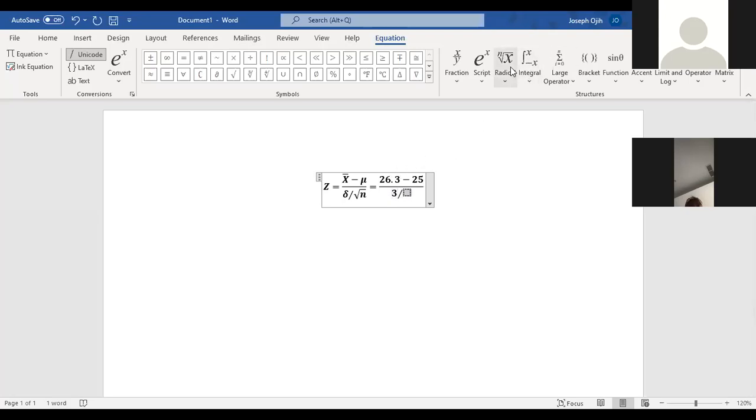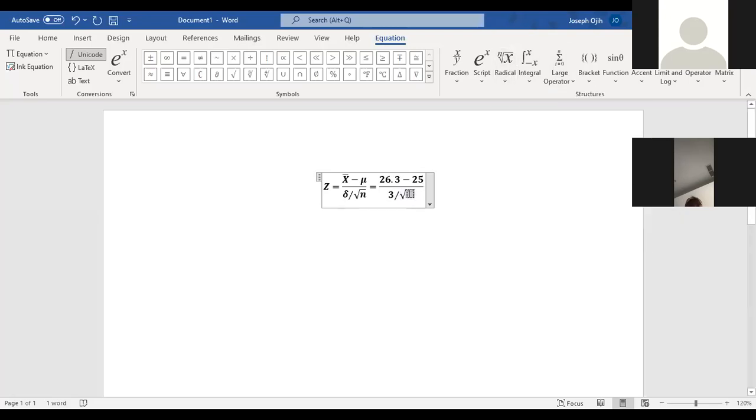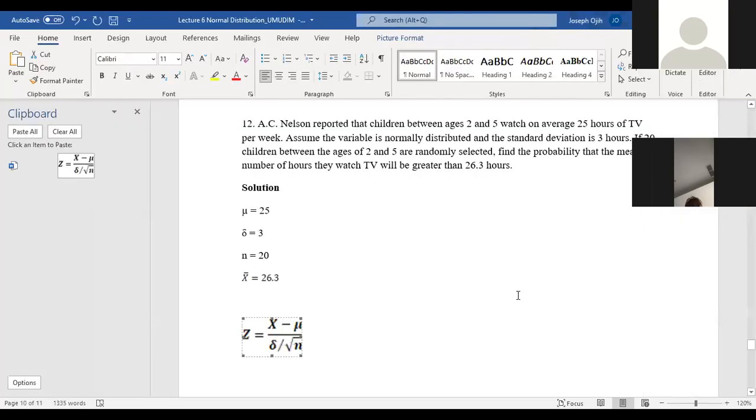The square root of n, where n is 20. So you can put this in a calculator to get our answer, and then we can find the required probability. Okay, n is 20, the sample is 20 children. So let us finish up.